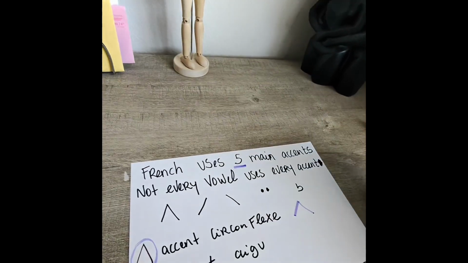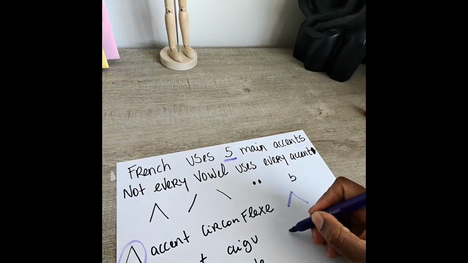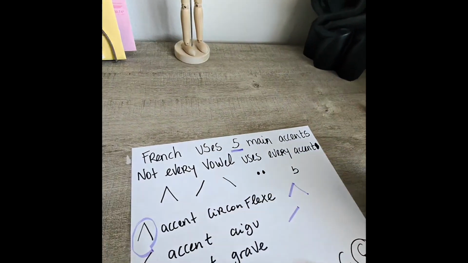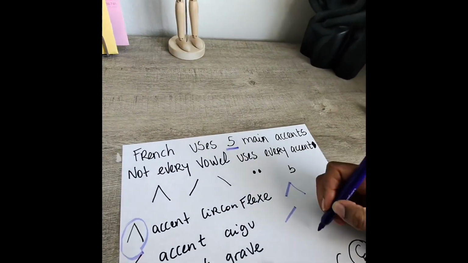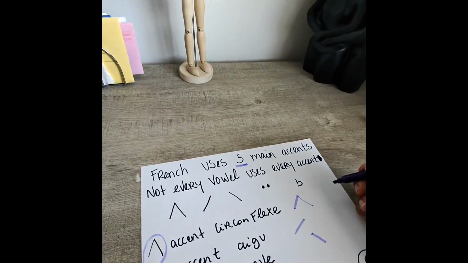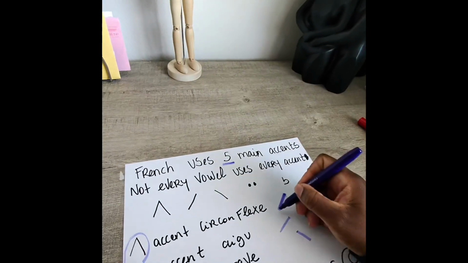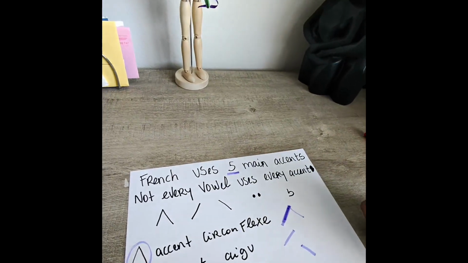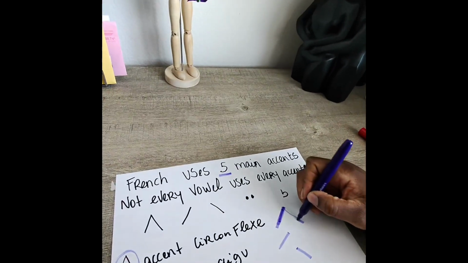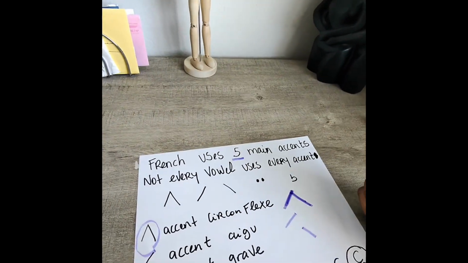The little roof is accent circonflexe. Accent aigu is this side of the roof. Accent grave is this side of the roof. Accent aigu is this side of the roof, so we go like this. Accent grave is this side of the roof, so we go like this.